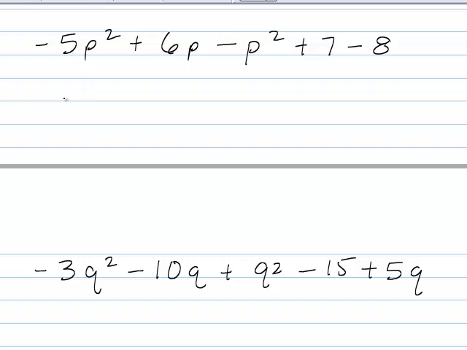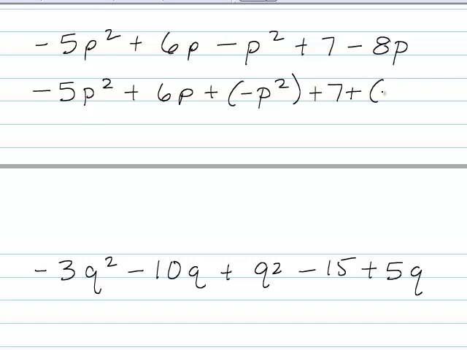So first I want to change it all to addition of the opposite. I'm going to write, this one stays, negative 5p squared plus 6p plus a negative p squared plus 7 plus negative 8p.